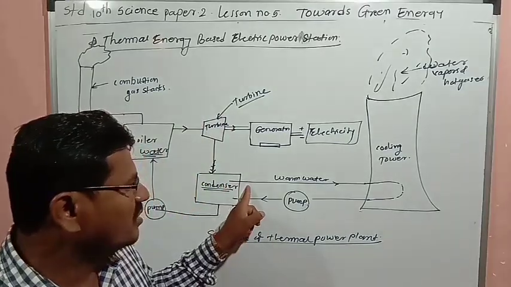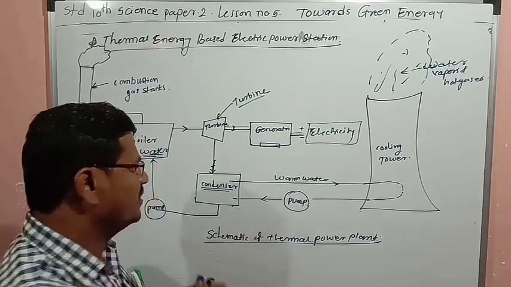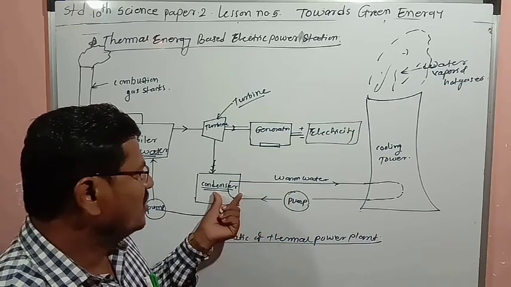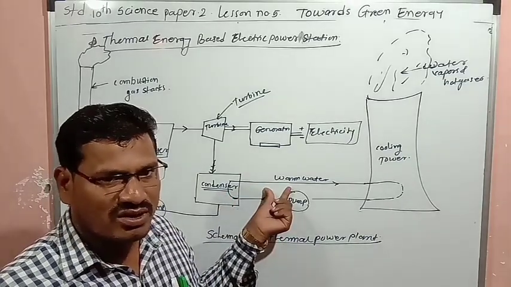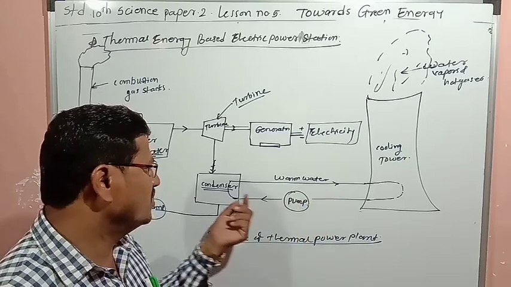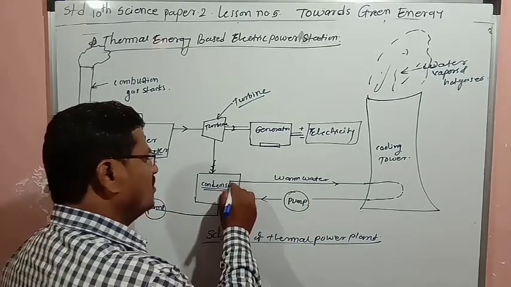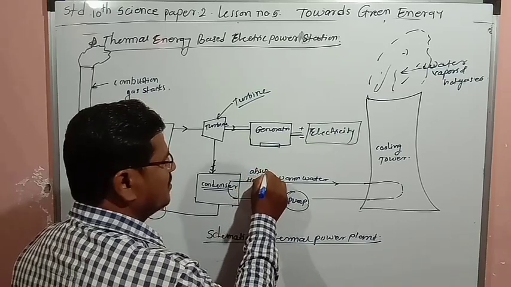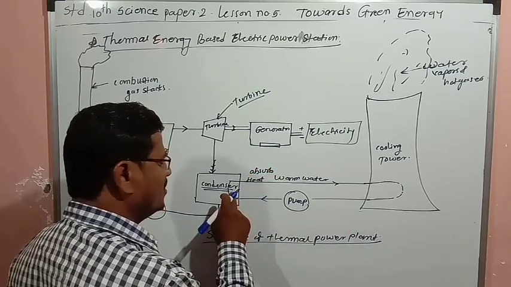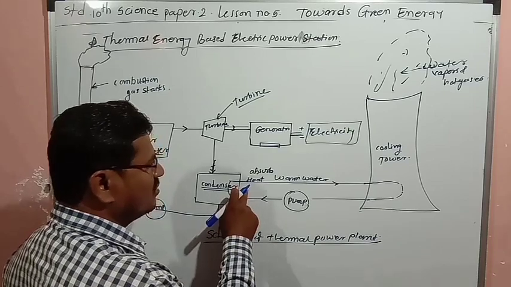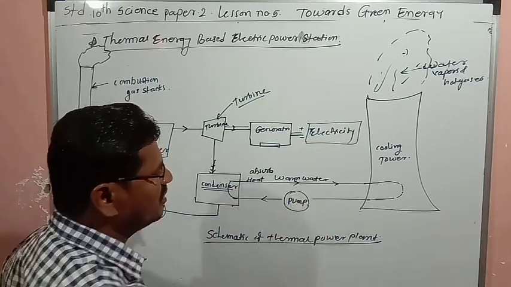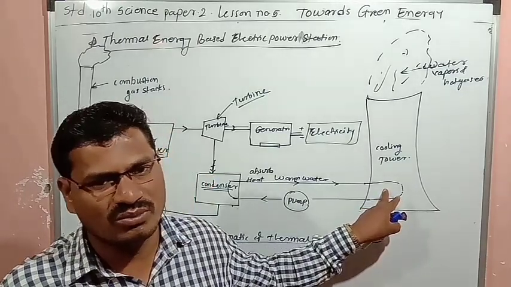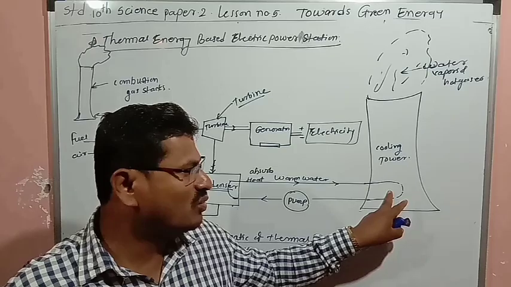In the condenser, water is also used, and that cold water is coming to the condenser. That water will absorb heat and become warm, and that hot water is going towards the cooling tower.